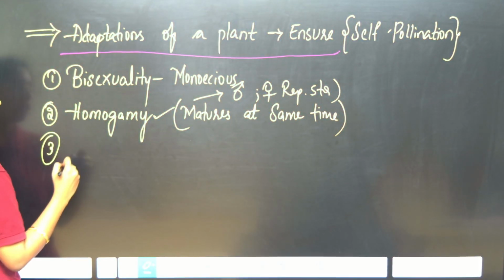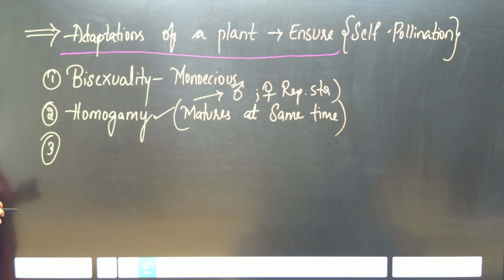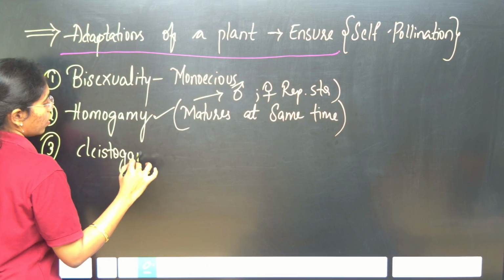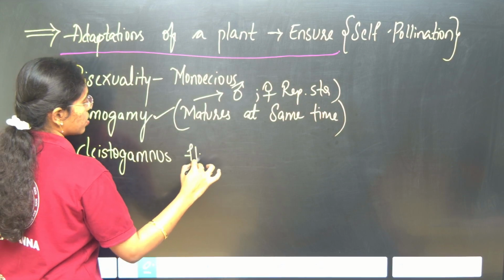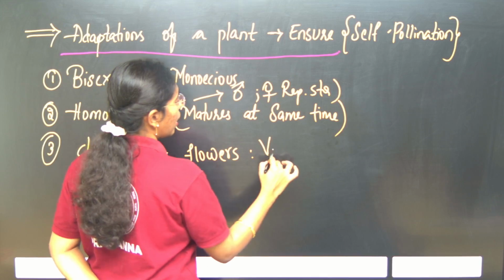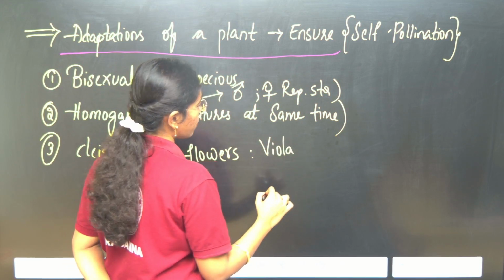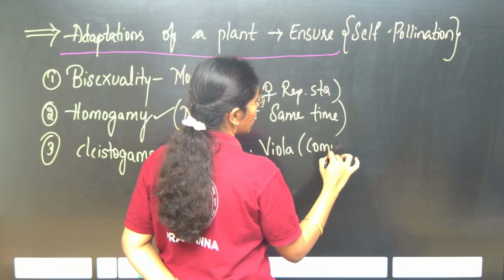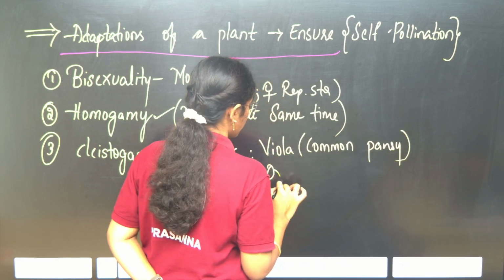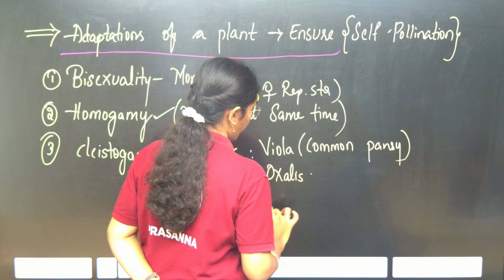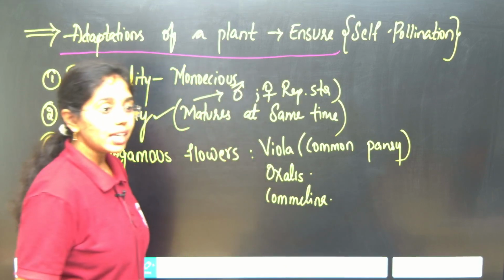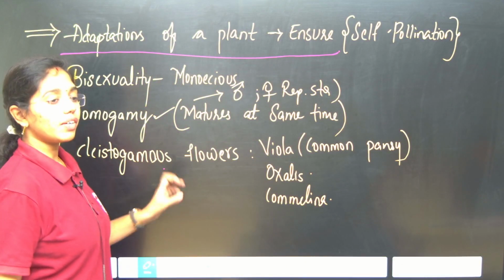Third is by having cleistogamous flowers. There are few plants like viola, which is also called as common pansy, oxalis and commelina. These cleistogamous flowers will never open at all.